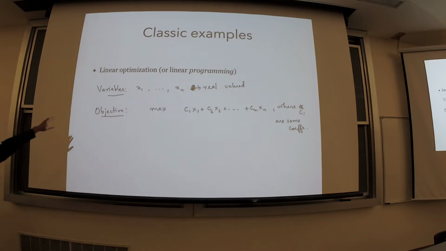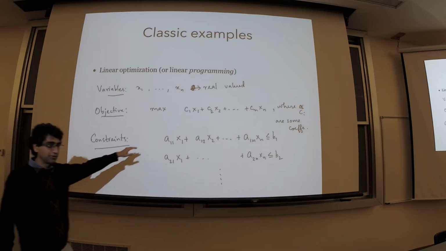So the variables are real valued. Objective is some linear function of these variables, and constraints are also all linear. Are all of the kind some a11 x1 b1 and so on.